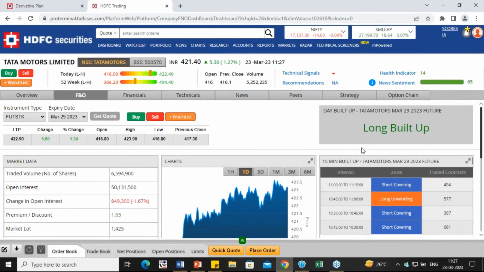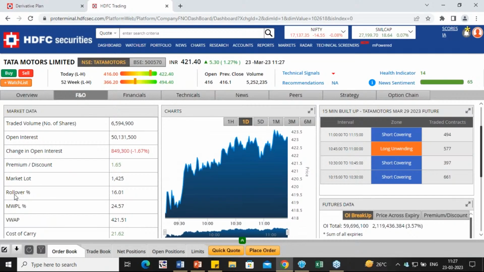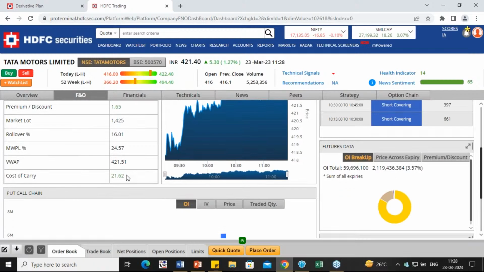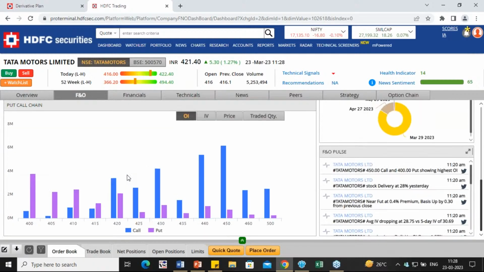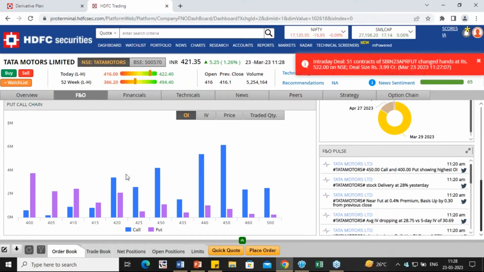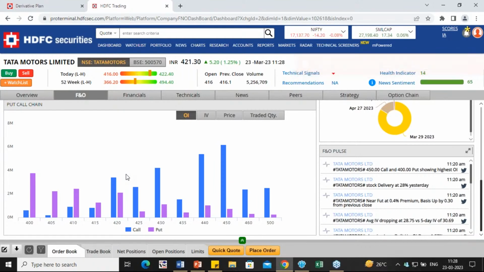After that, you just scroll down and you can see the market data on the left-hand side. It provides the VWAP, MWPL, rollover percentage, and market lot. If you scroll down, you can see the put-call chain over here. We have classified it into a bar chart. As you know, open interest is very important in futures and options.